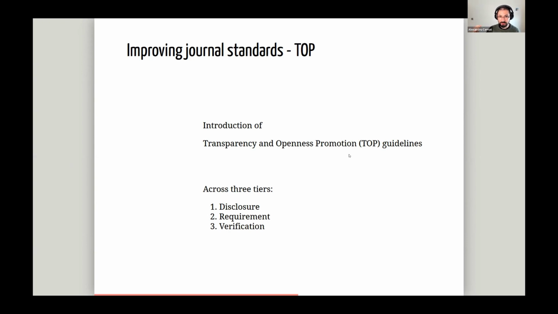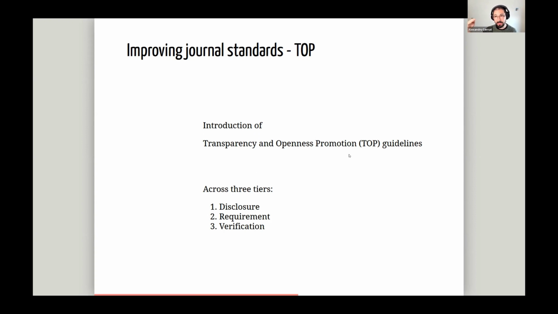So the first one is disclosure, where they recommend that the researchers should say something about each of these different areas I'm going to show you. The next level is requirements, saying that if you don't say these things about your research methods or the data, you can't get published. And then the strictest version is to have verification, where somebody actually goes through your code or goes to the documentation of the data and checks that the things you say are correct.